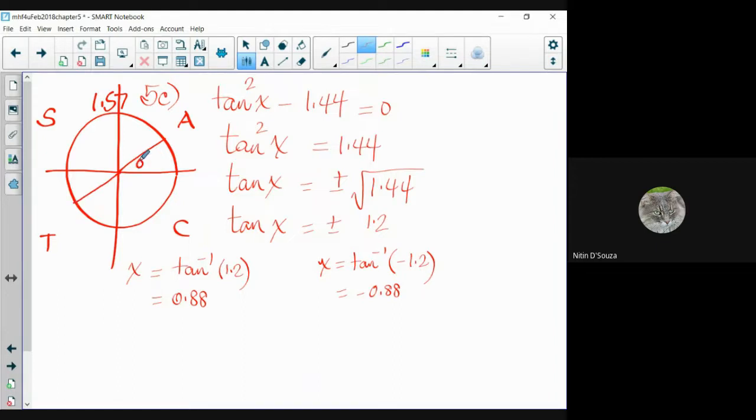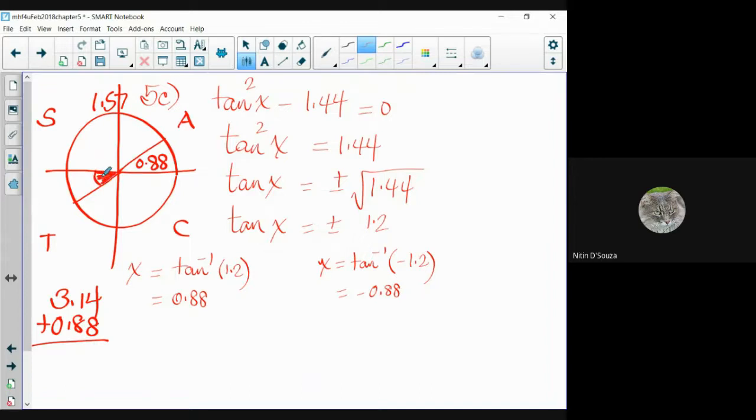This is 0.88. This angle will be 3.14 plus 0.88 because we're going to go from here all the way to 3.14 plus 0.88.